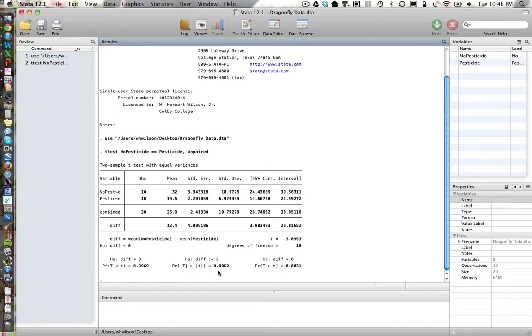So any p-value less than 0.05, we would reject the null hypothesis. This number here is far less than 0.05, and therefore we feel very confident in rejecting the null hypothesis. And our conclusion, therefore, is that the presence of pesticides causes a reduction in the abundance of dragonfly larvae.